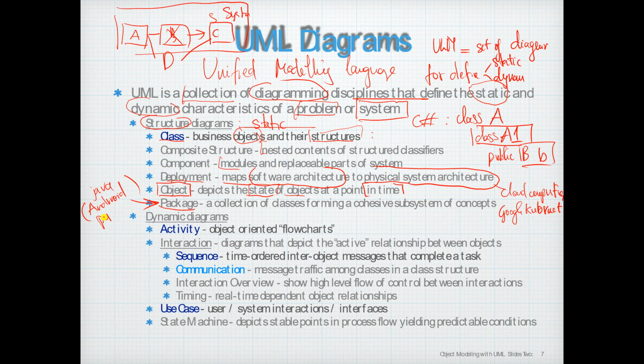In Python we have packages and import. In C#, we have using. One package is a collection of classes formally forming a subsystem of a concept.